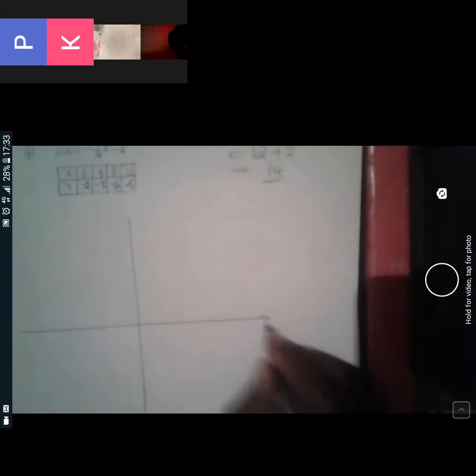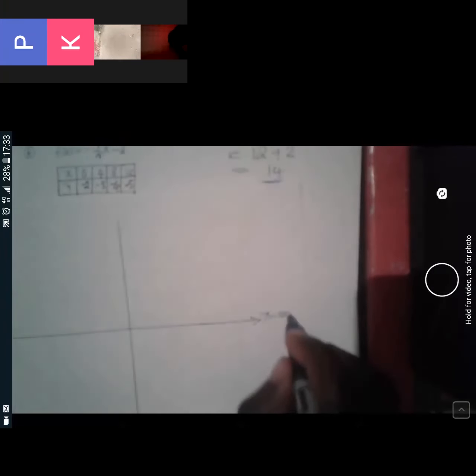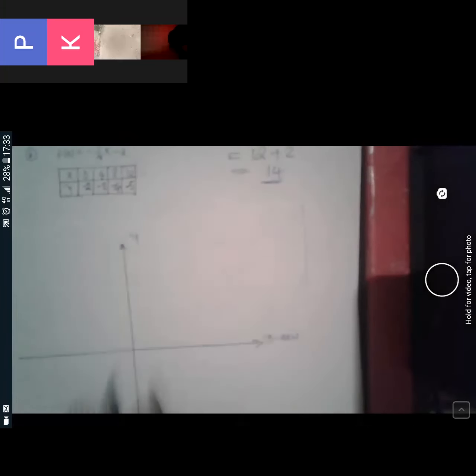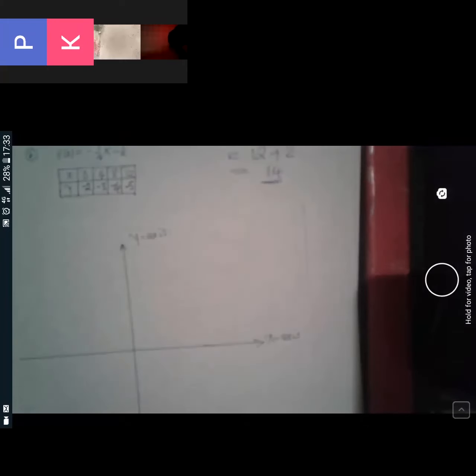So we are going to name this the x-axis, where we're going to have the values of x, and then let's have that as our y-axis.